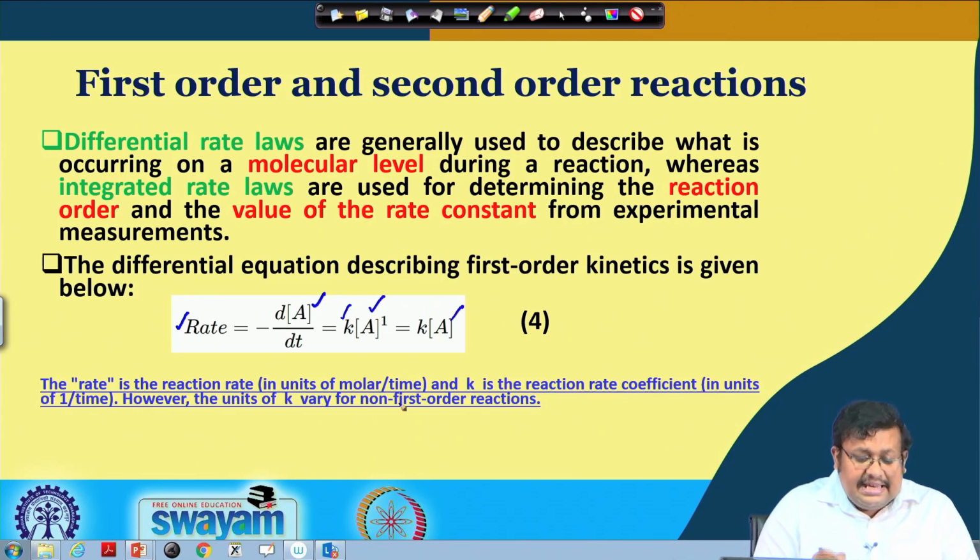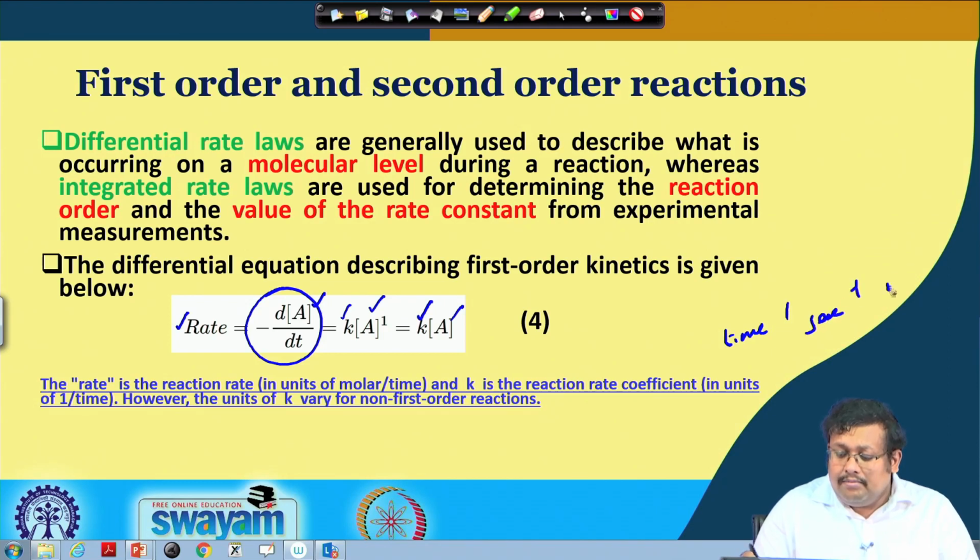So, the partial order for A is 1, the reactant partial order is 1. The rate is expressed in units of molar per time, and k is the reaction rate coefficient, denoted in the unit of inverse time, so it could be per second or per minute. We will see that in a while.